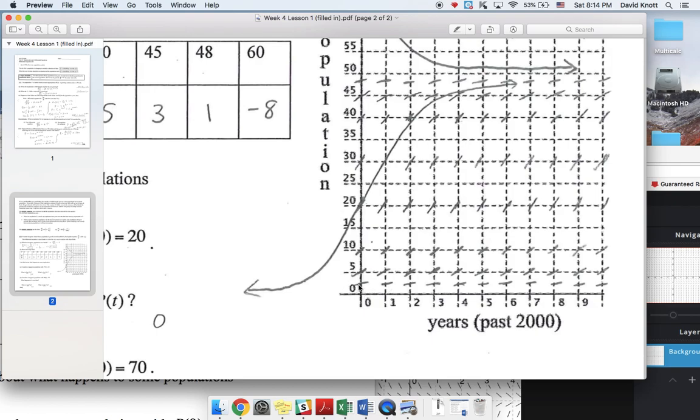It looks like this slope isn't 1, like it looks flatter than you would expect, but that's because of the scaling of this axis. If you notice, this is over 1 over, and this is up 5. So if you wanted to draw a line that was, say, slope 1, then you would go over this much, but up by only 1/5 of a vertical unit. So that's why they look a bit flatter.